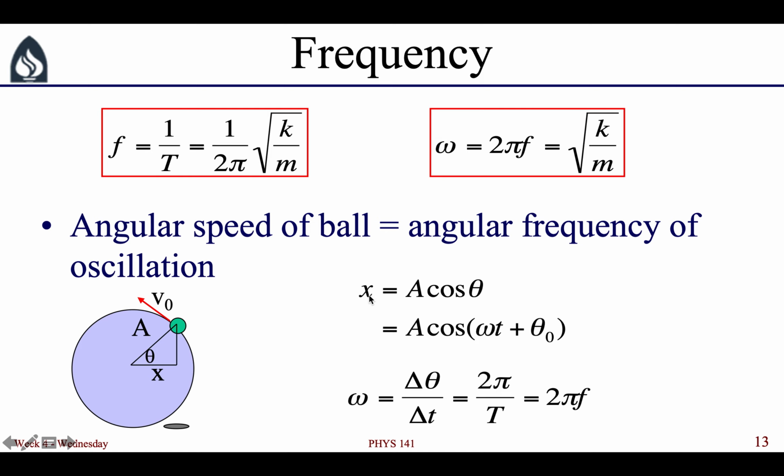So the horizontal position of the ball, and therefore also the horizontal position of the ball's shadow, which we said was the same as the horizontal position of the mass on the spring, is equal to this x component of this triangle, where the hypotenuse is A, the radius of the circle, and the x component is the side adjacent to this angle, and so we can say that the x component is A times the cosine of theta.